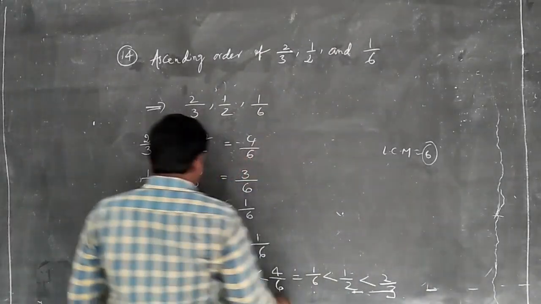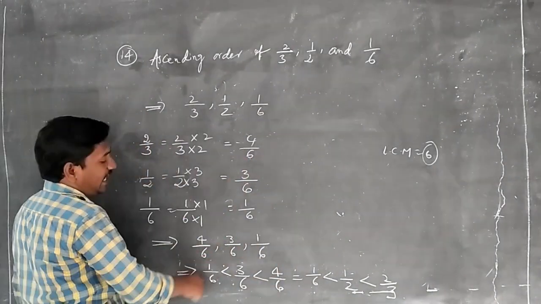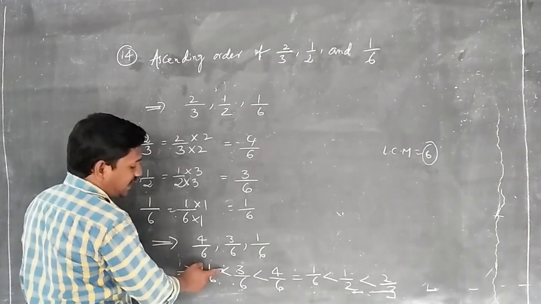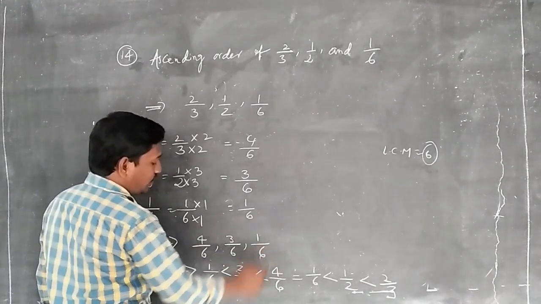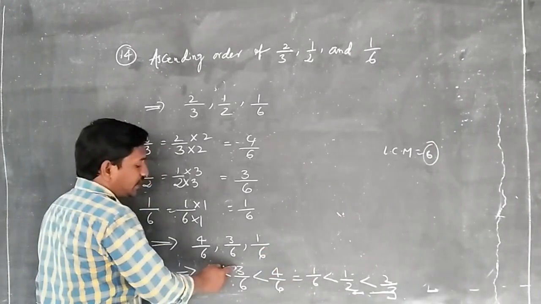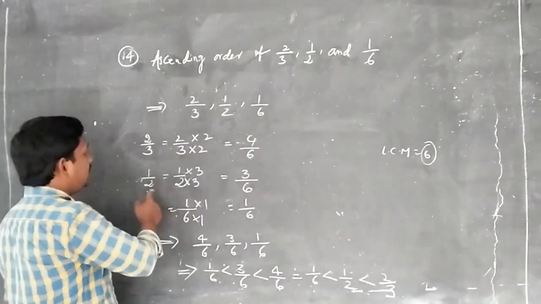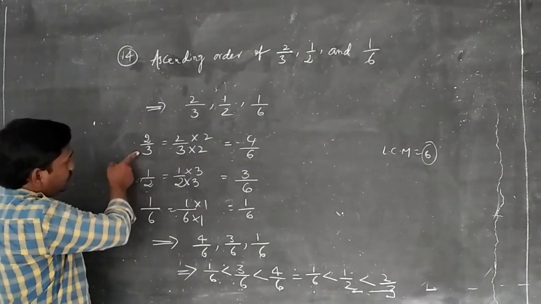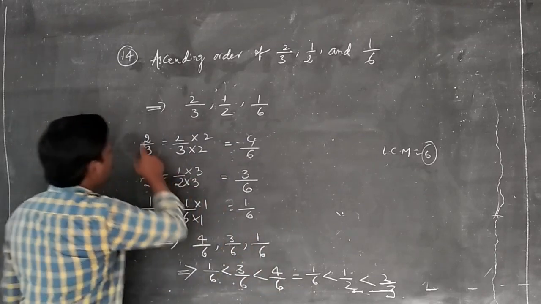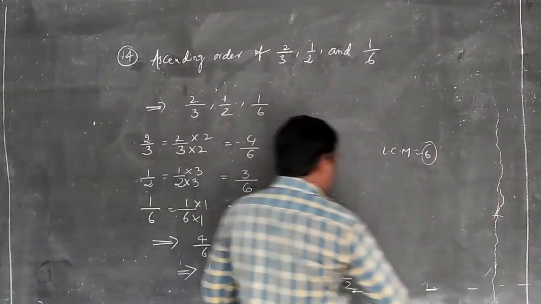Now we got like fractions. Compare the numerators of the like fractions: 1 less than 3 less than 4. So 1 by 6 means 1 by 6, 3 by 6 means the respective fraction 1 by 2, 4 by 6 means 2 by 3. So this is the answer.